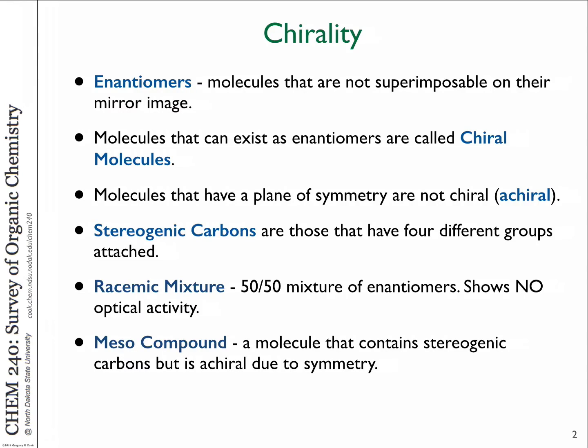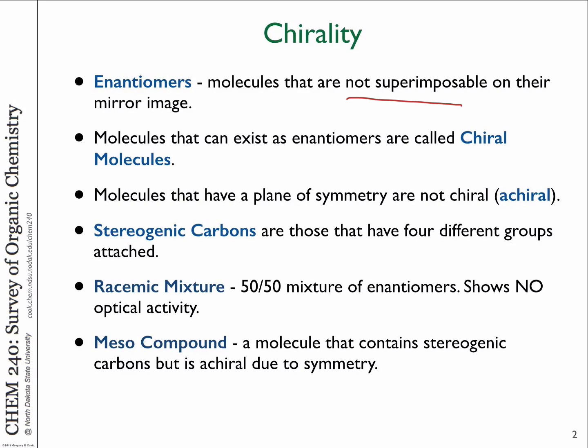We've discussed the fact that when you have a carbon with 4 different groups attached to it, that makes the molecule asymmetric, right? And if you take its mirror image, it's not the same molecule. And so molecules which are not the same as their mirror image are what we refer to as enantiomers, okay?